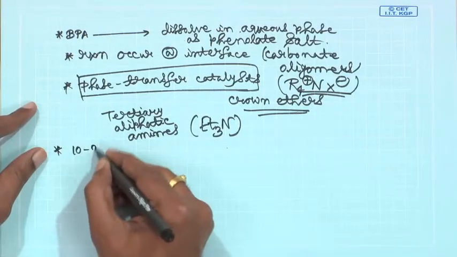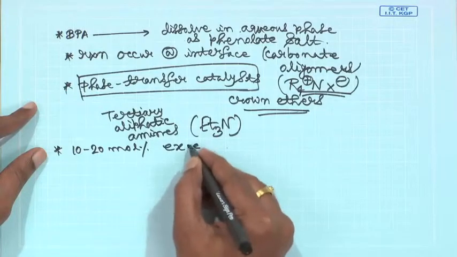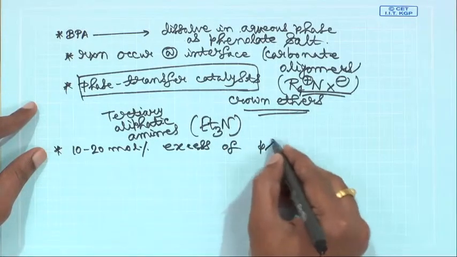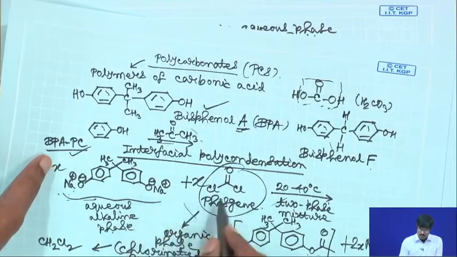And typically 10 to 20 mole% excess of phosgene is added to the system.